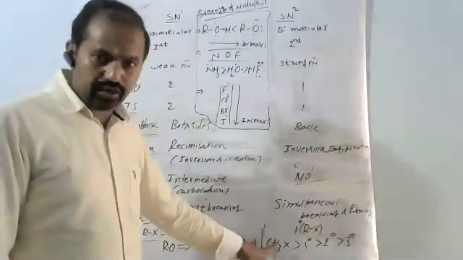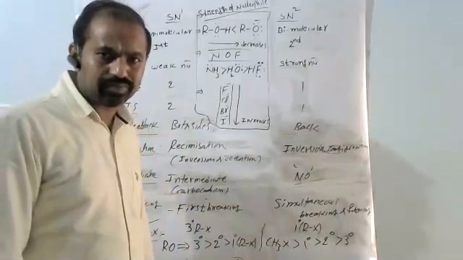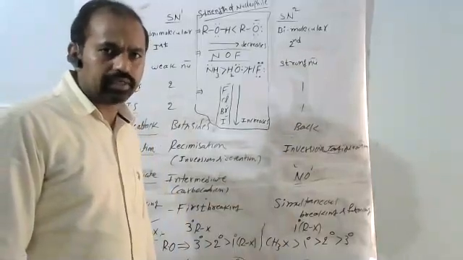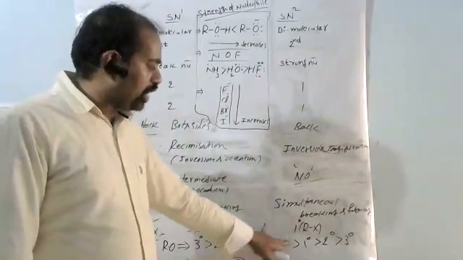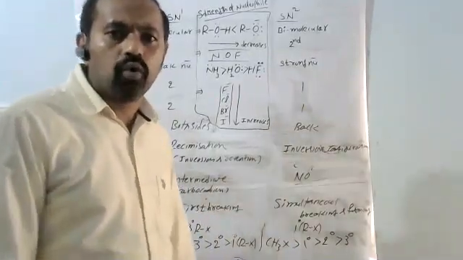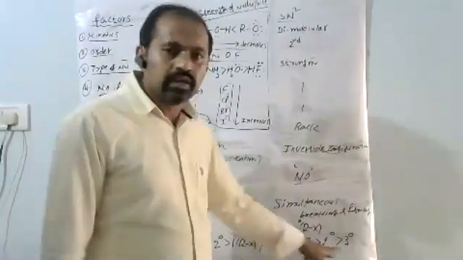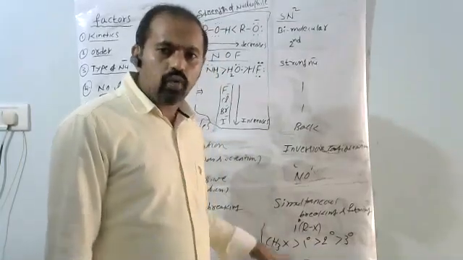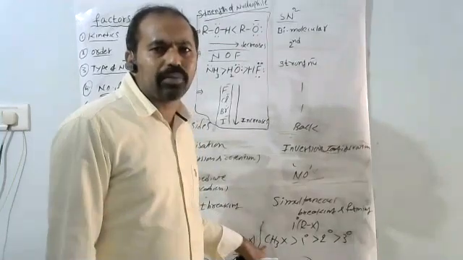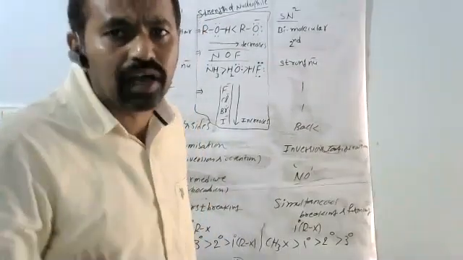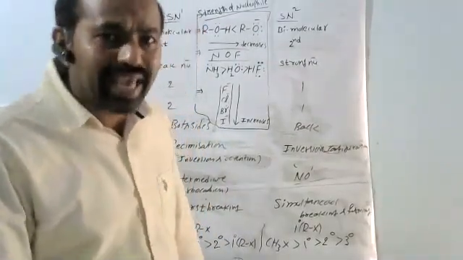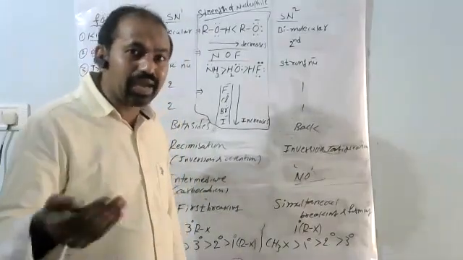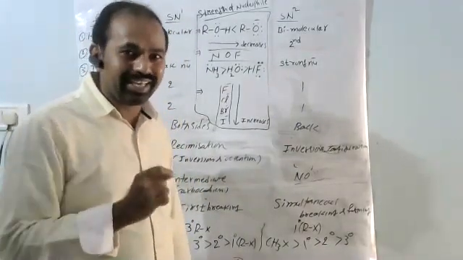Otherwise, SN2 is quite opposite. 1 degree is greater than 2 degree. 1 degree alkyl halides are more reactive than 2 degree. 2 degree alkyl halides are more reactive than 3 degree. Among 1 degree, there are different types of 1 degrees: methyl chloride, ethyl chloride, propyl chloride, all are 1 degree.